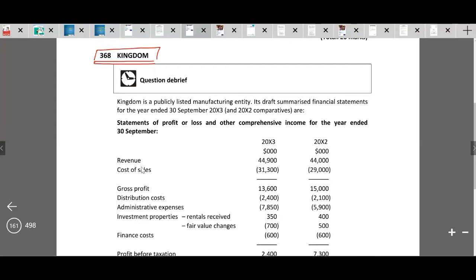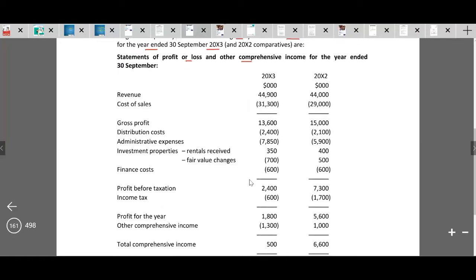Kingdom is a publicly listed manufacturing company, and its draft summarized financial statements for the year ended 30th September 20x3 and the comparatives, which is the previous year, are given below. Statement of profit or loss and other comprehensive income, and you have 2 years, 20x3 and 20x2.